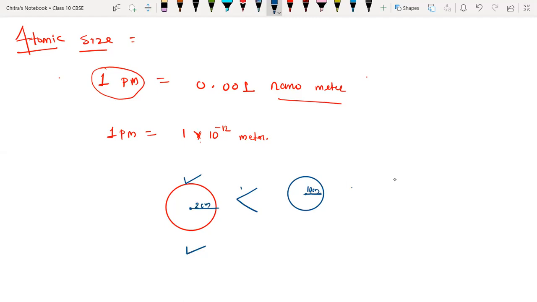Now, which one is greater? The blue one. Yes. So we can measure the size of a sphere on the basis of its radius.